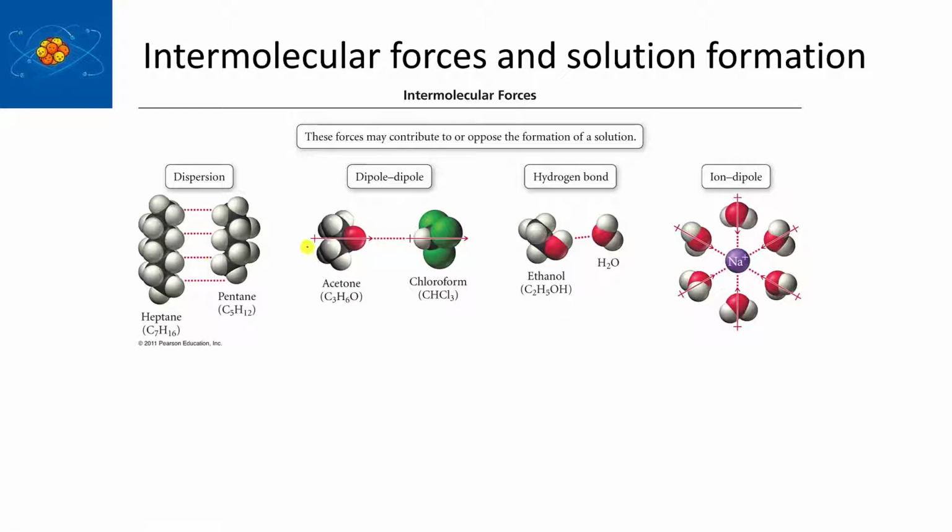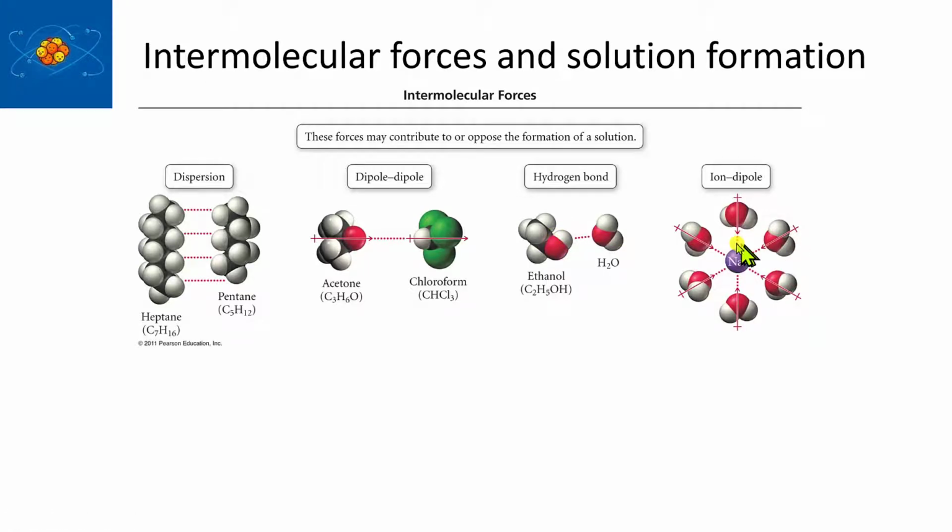Molecules like acetone, with oxygen bonded to a carbon, or chloroform, with carbon bonded to 3 chlorines, are polar, and there is a force of attraction between these molecules. And we have hydrogen bonding, for example, between ethanol and water, so that's OH bonds.